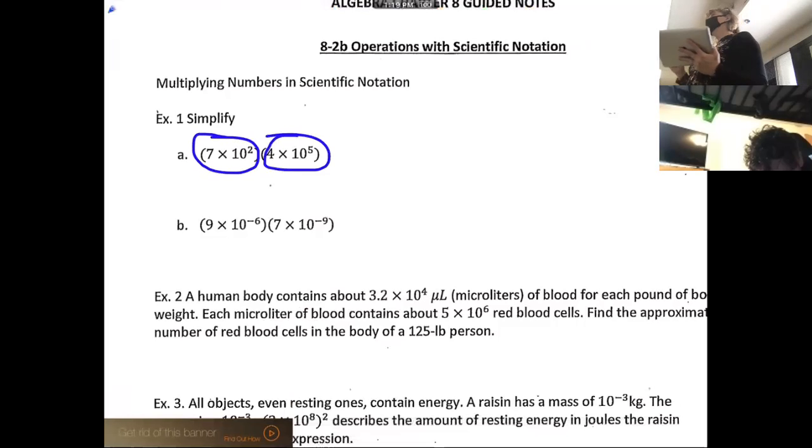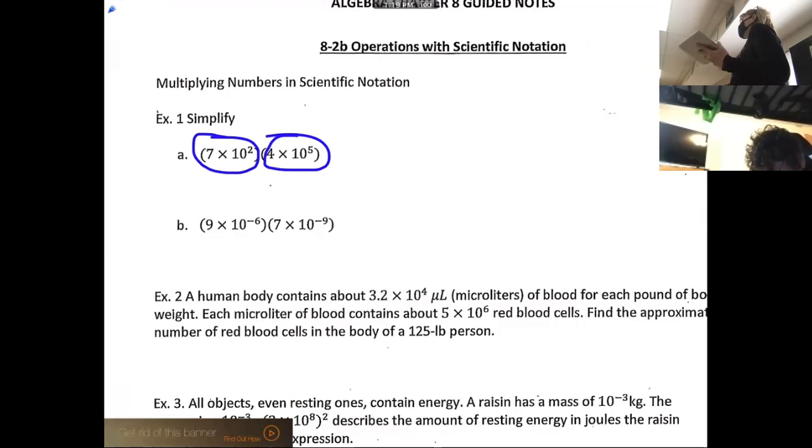Now let me just remind you of a property that we've talked about in the past. We talked about it last year. You didn't talk about it with me, but with your other teachers. It's the commutative property of multiplication. It says it doesn't matter which order you multiply things in, you still get the same answer.